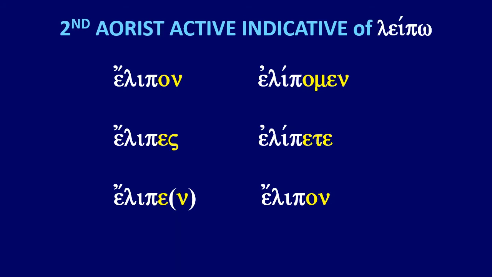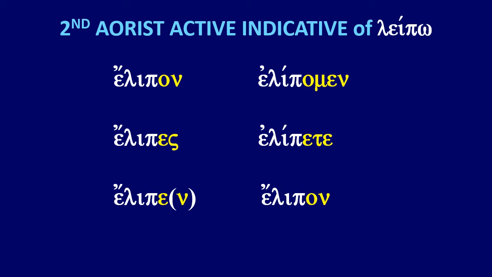Now, in contrast to the first aorist, what we're looking at here is the second aorist active indicative form, and you'll notice that I've switched verbs from luo to leipo, and that's because luo does not have a second aorist form. Now, with the second aorist active indicative verbs, there are a few things to note.